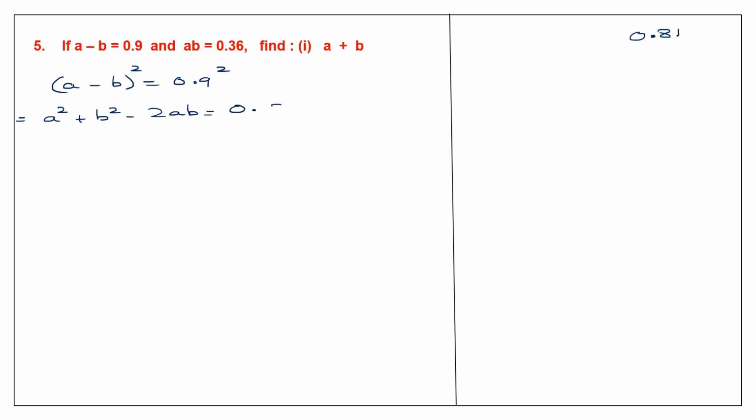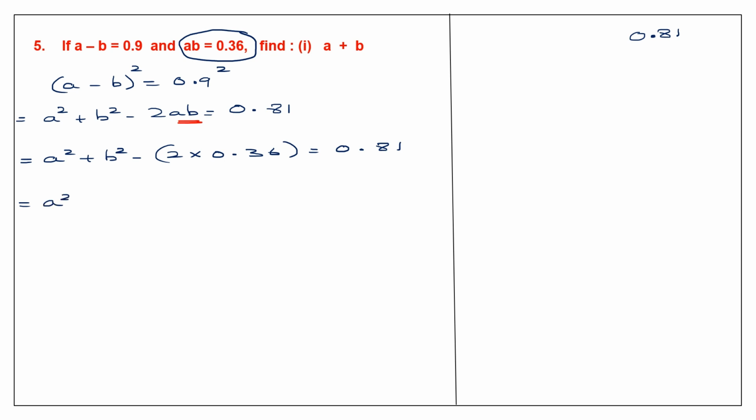So this is 0.81. Now when we continue, this becomes a square plus b square minus 2 into, now ab is given to us in the question. In the question it says ab is equal to 0.36. So into 0.36, and this is equal to 0.81. Let's simplify it further.